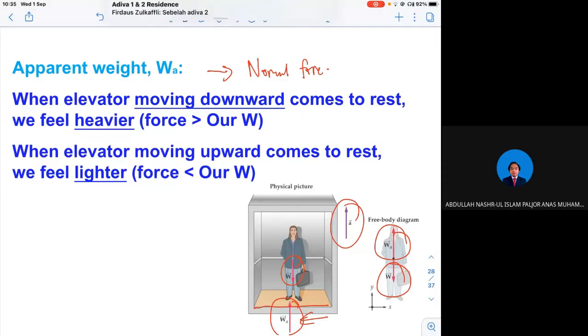And of course, when a human with some mass is standing on the floor, regardless of whether it is moving upward or downward, it must have a normal force. A normal force can also be known as the apparent weight.